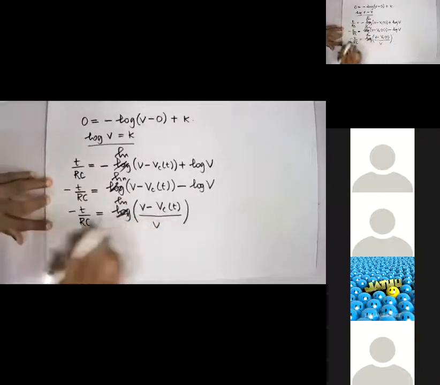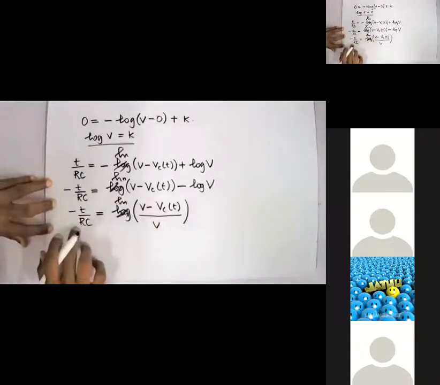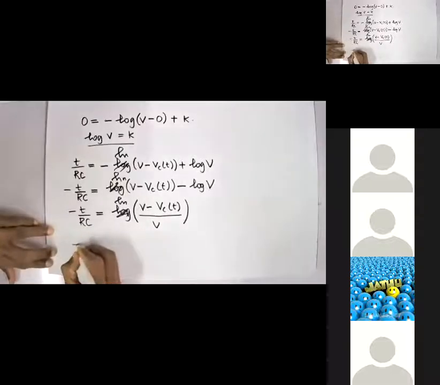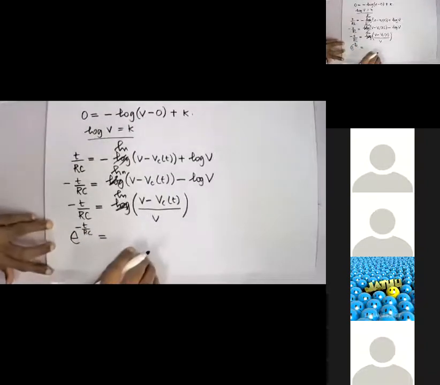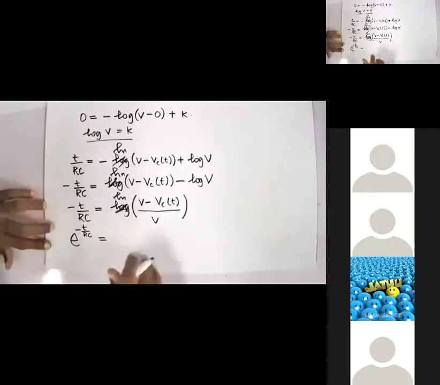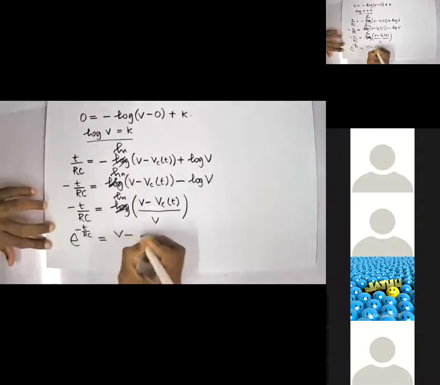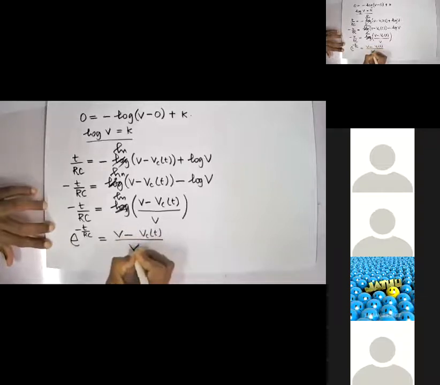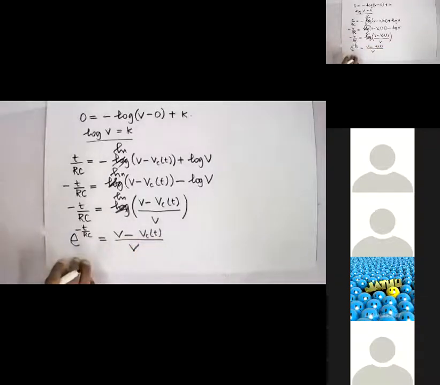So take anti-log both sides. So this will be written as e to the power, right? This will be written as exponential. So I would write it as e to the power minus t by RC equals (V minus VC of t) divided by V. Clear?